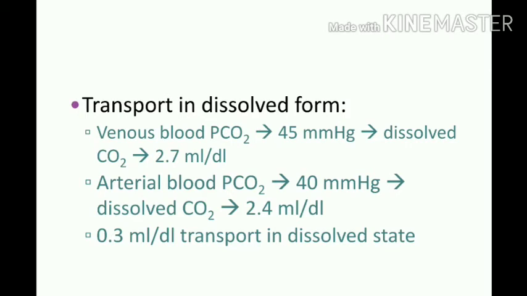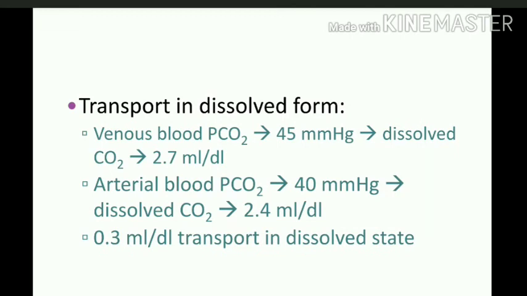As we all know, venous blood partial pressure of carbon dioxide is 45 mmHg, and in venous blood about 2.7 ml of carbon dioxide is present per 100 ml of blood. In arterial blood, the partial pressure of carbon dioxide is 40 mmHg, and the dissolved state is 2.4 ml per 100 ml. So the difference, 0.3 ml per 100 ml, is transported in the dissolved form.